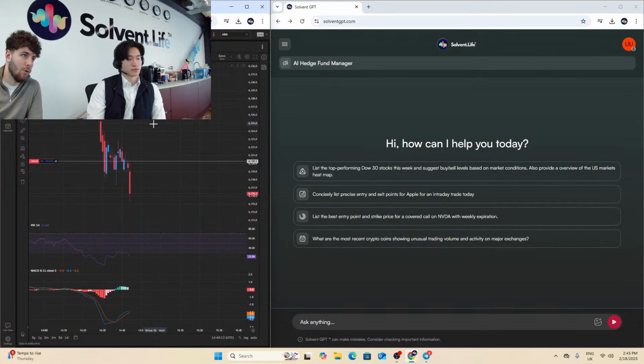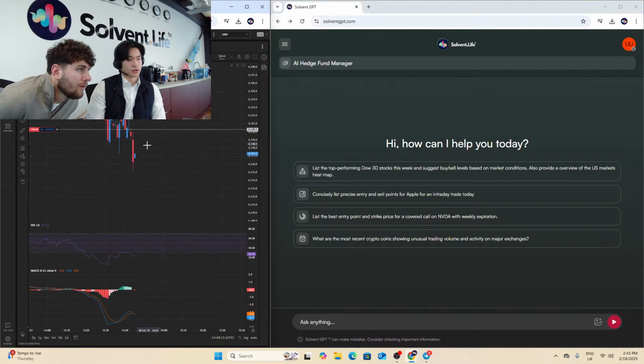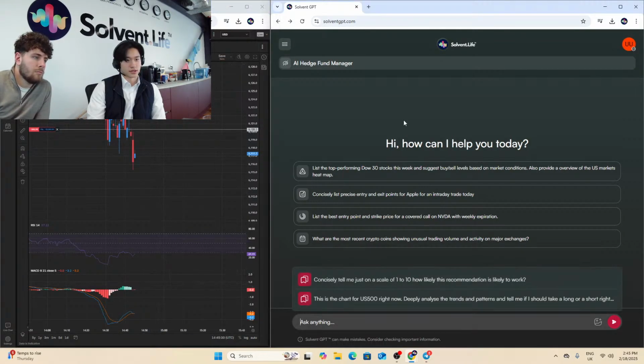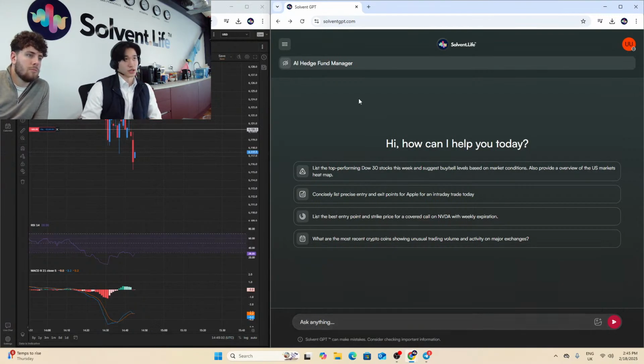Yeah, here we go. Look, within 20 minutes, the GPT predicted that there. There's a look into the image recognition and the predictability feature of the GPT.